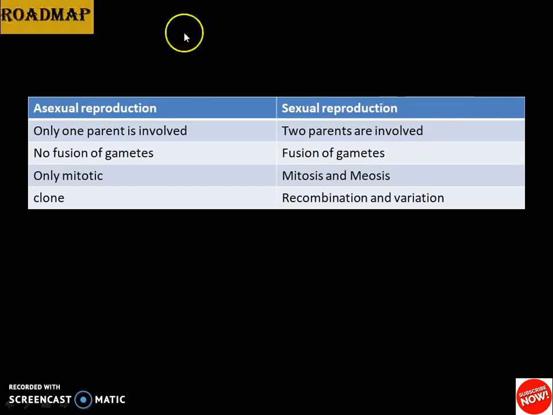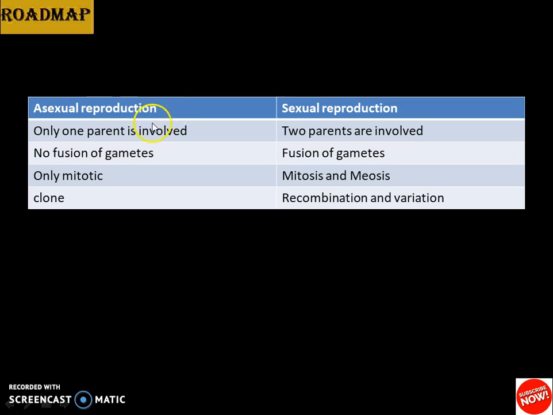In asexual reproduction, no fusion of gametes takes place, while in sexual reproduction, fusion of gametes takes place. In asexual reproduction, only the mitotic process takes place, but in sexual reproduction, both mitosis and meiosis are involved.